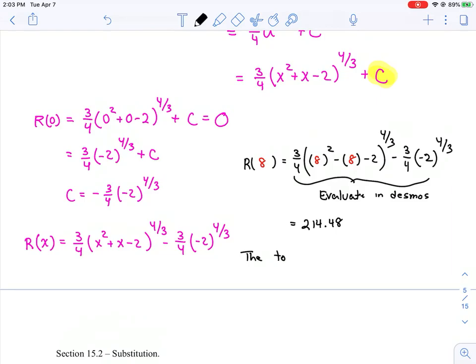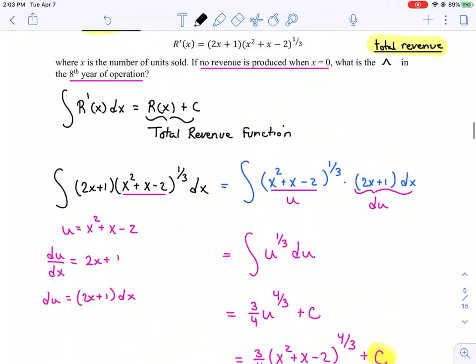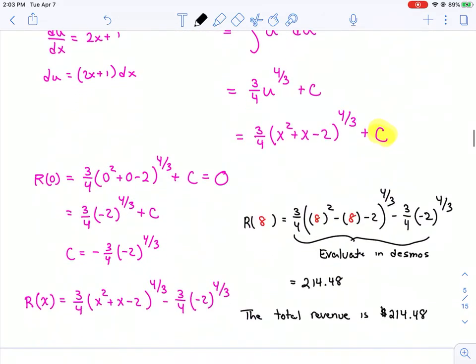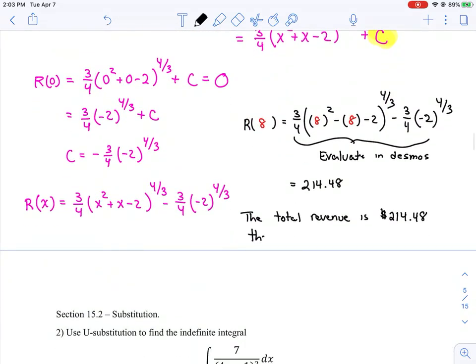So the total revenue is 214.48, and I believe we're in millions here. Nope, we're in thousands. $1,000.